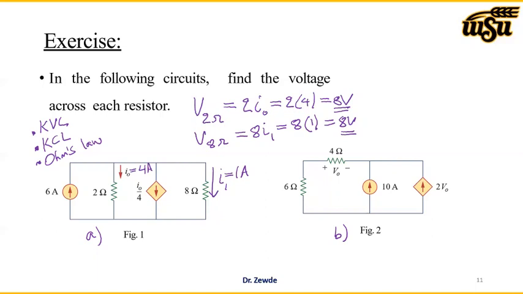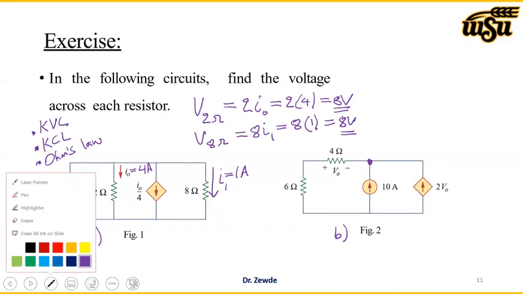the first thing is we have to determine the junction. So we have one junction here, and we can use that junction to write the KVL and the KCL. Let me just clear this.